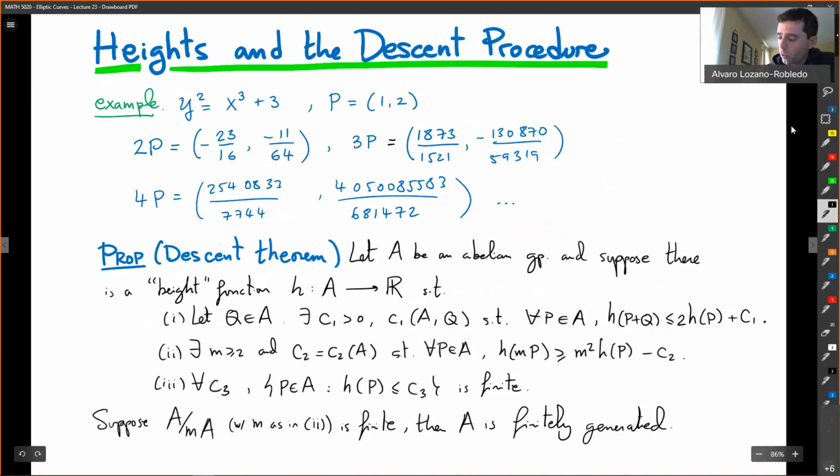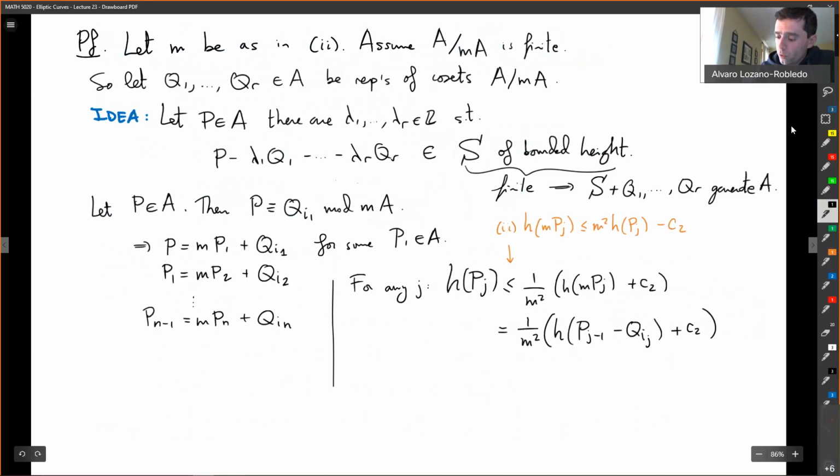Part 1 tells me that the height of one thing plus another is less or equal to twice the height of p. So using part 1, this is less or equal to 1 over m squared times twice the height of pj minus 1 plus c1 prime plus c2.